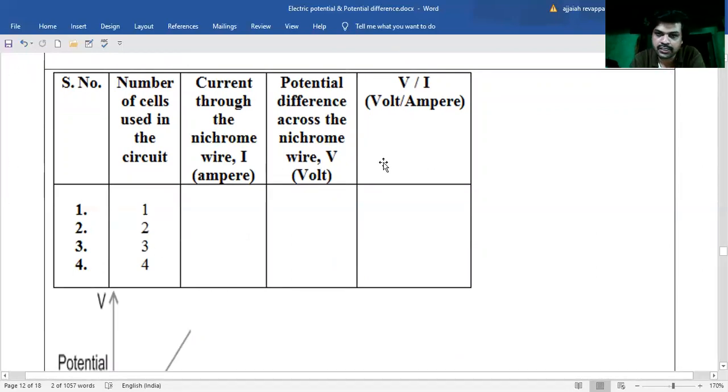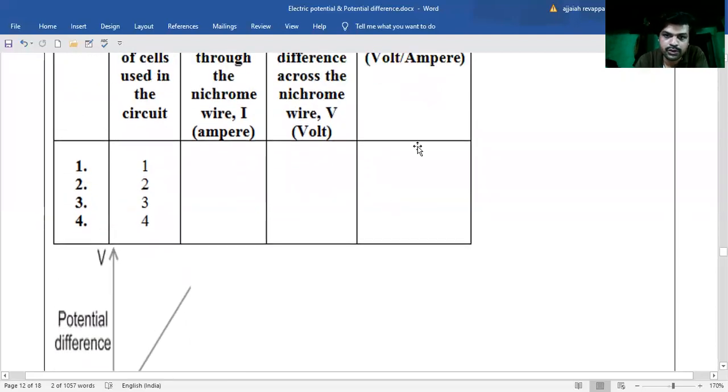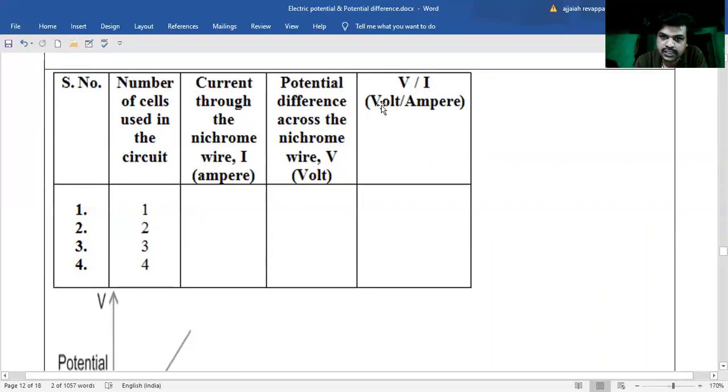Then the calculation part is there, the last column. So you got some values here, voltage and current values. Then divide the potential difference value by the current value, all the 4 values. What you are going to get here is the ratio.